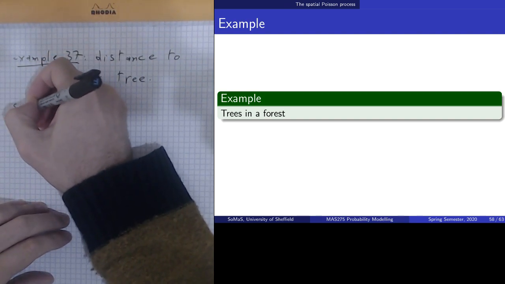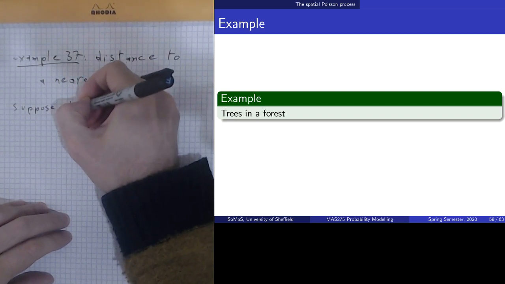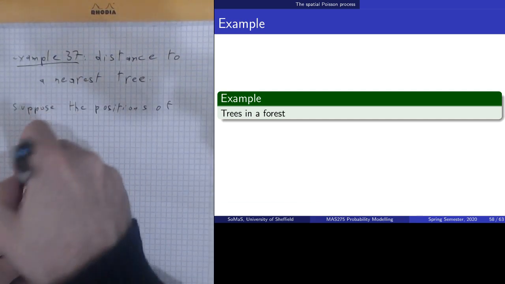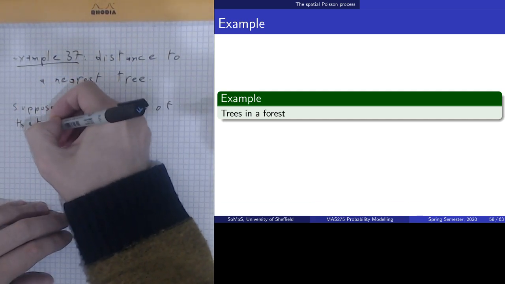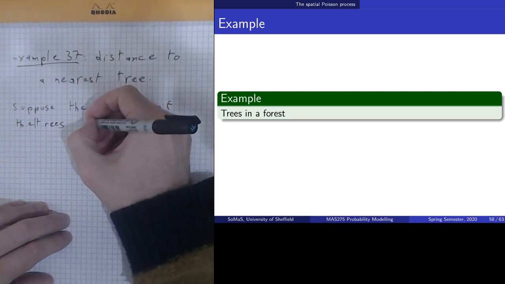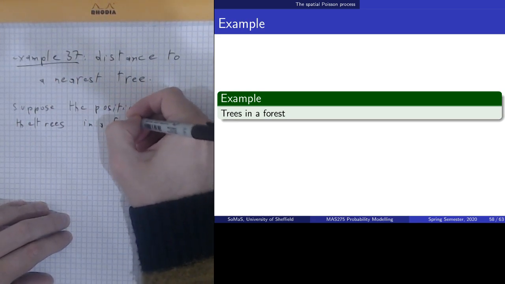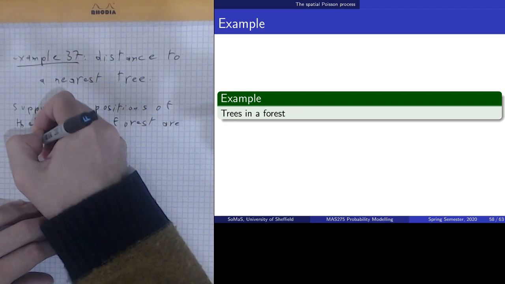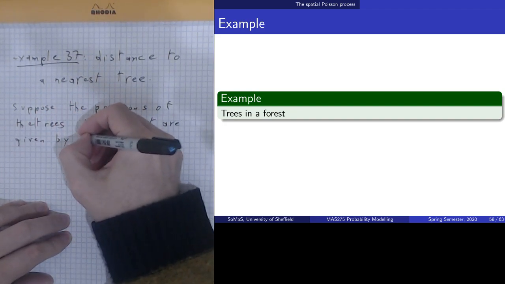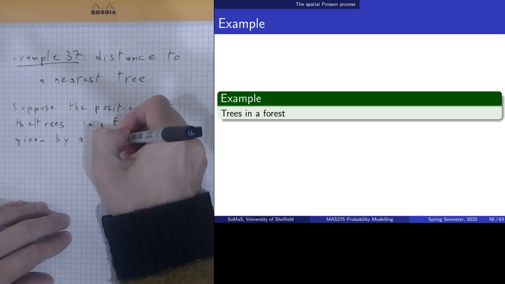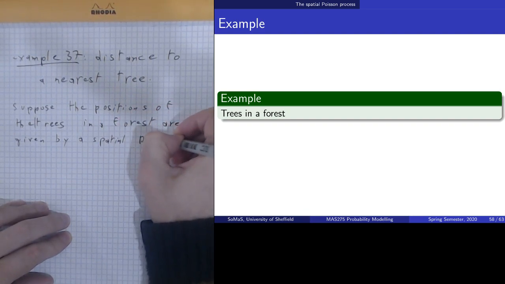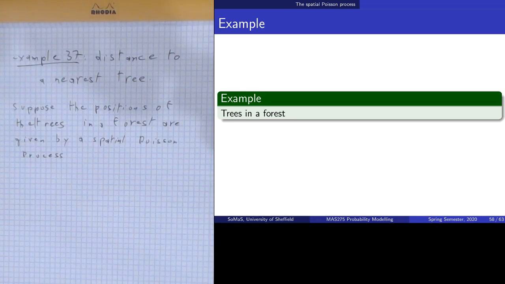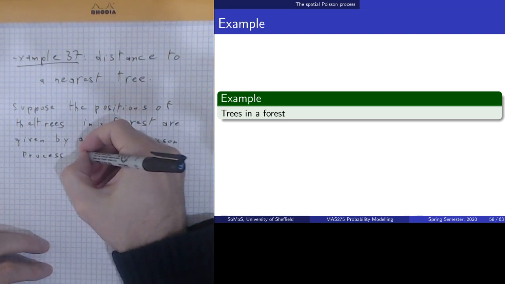Suppose the positions of the trees in a forest are given by a spatial Poisson process. Could call this SPP with intensity lambda.